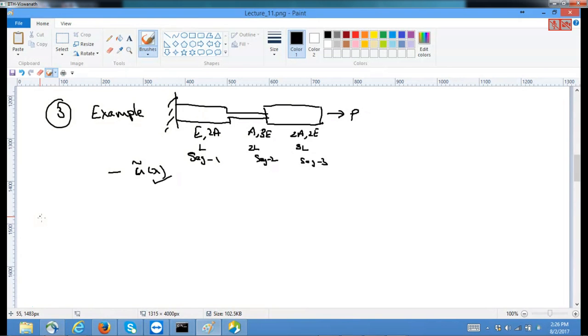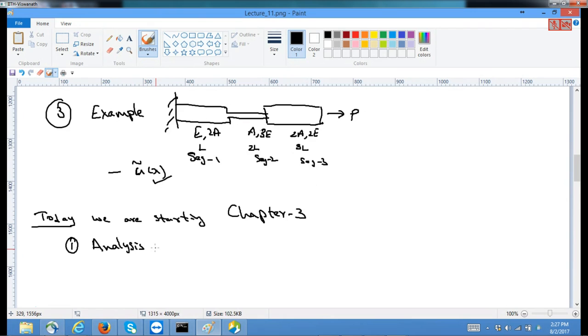Today we are starting chapter 3, and chapter 3 can be broadly classified into two groups. The first one is analysis of trusses and the second is analysis of beams.